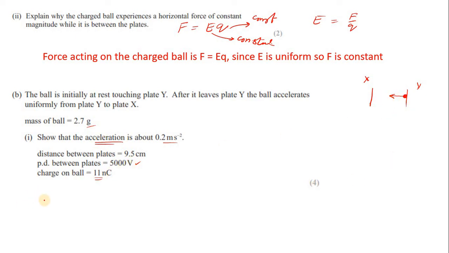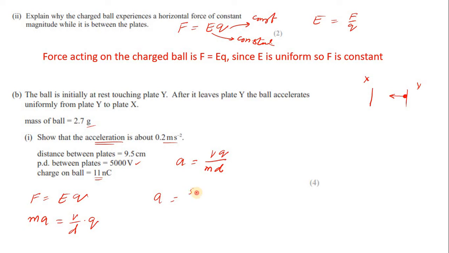So we know that the force acting on the charged particle is F equal to E into Q, and F is equal to MA, and E is V divided by D, V upon D. This is another formula for the electric field intensity between the two plates, into Q. So clearly acceleration would be equal to VQ upon MD.